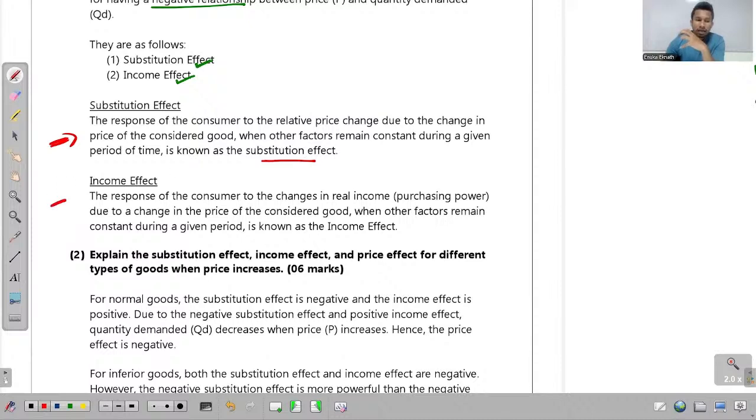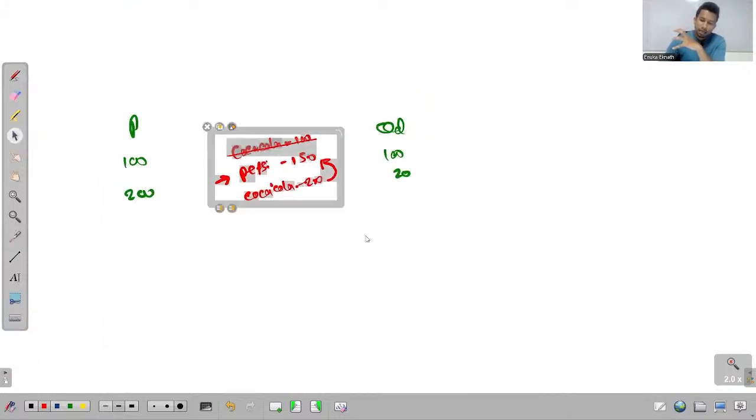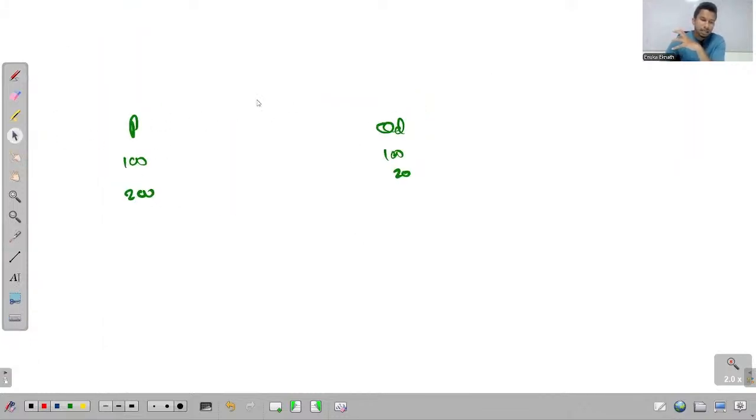But what is meant by the income effect? To explain the income effect, let me change this slightly. Let's assume that the price is 100 and the quantity demanded is also 100, like in the previous case. But this time, we are focusing on the consumer's nominal income, the rupee amount that he receives as the salary.